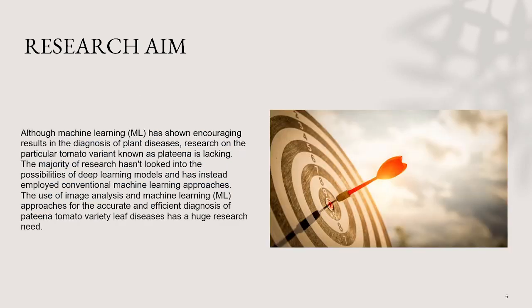This is the research gap here. Although machine learning has shown encouraging results in diagnosing plant diseases, research on this particular tomato variant is actually lacking. The majority of the research hasn't looked into the possibilities of deep learning models and has instead employed conventional machine learning approaches.